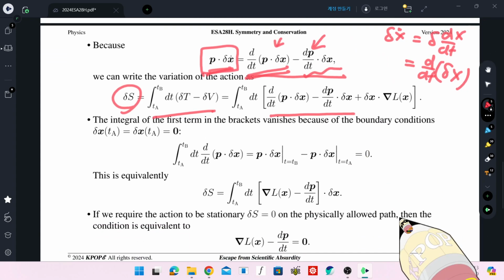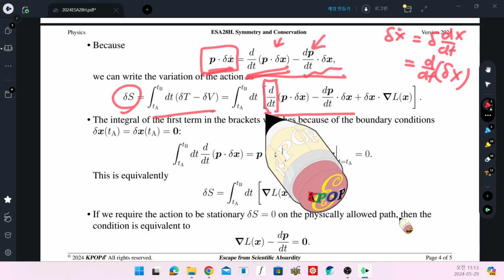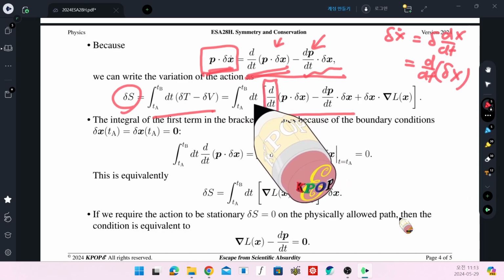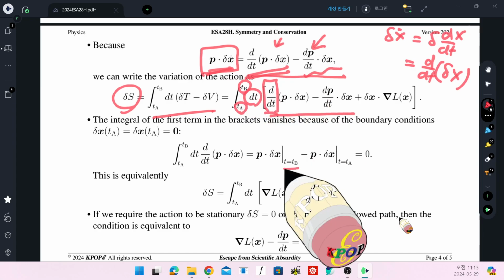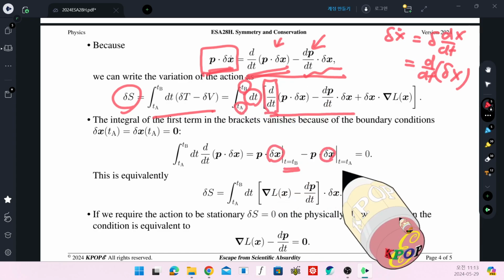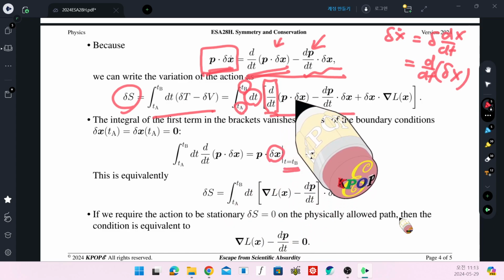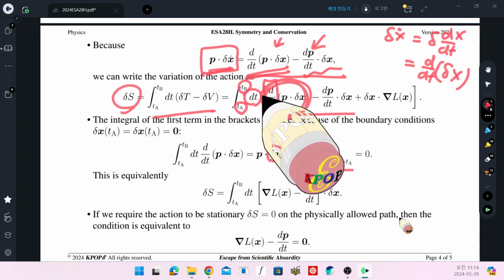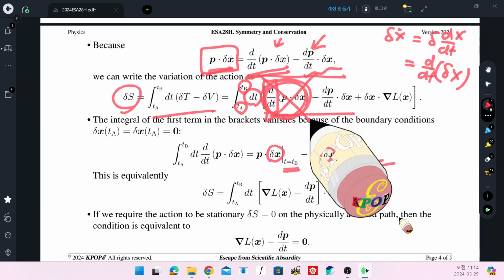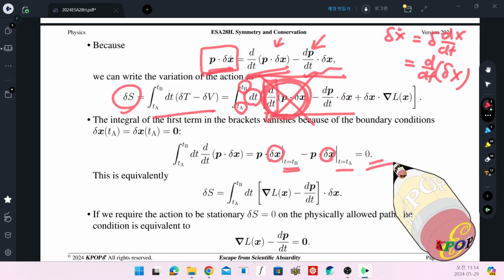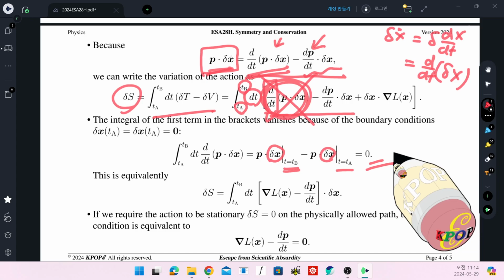And we find that the total time derivative integrated over t_a to t_b, because at the endpoints there is no variation, does not contribute to the integral at all. So this disappears.